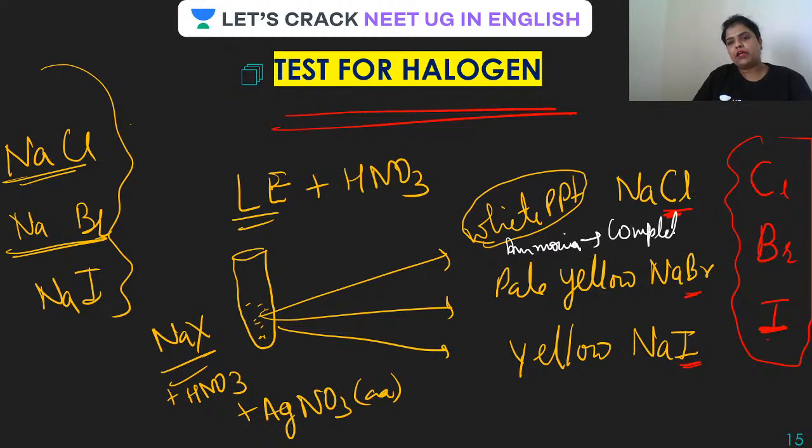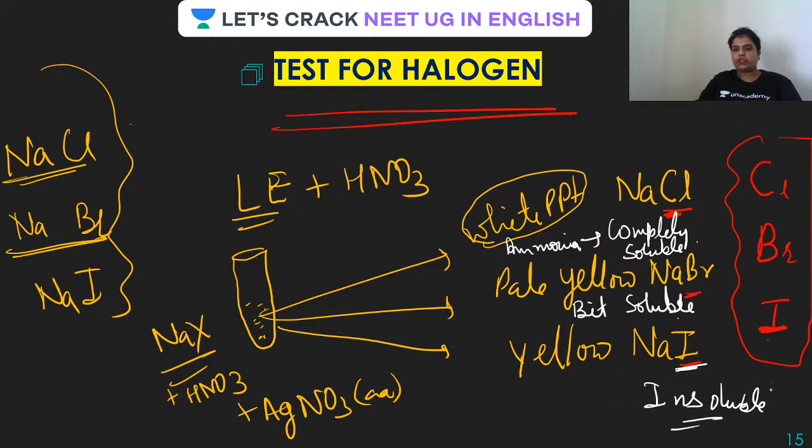I'm repeating, completely soluble in ammonia. Bromine will be bit soluble in ammonia. Bit soluble means slightly soluble. And iodine is insoluble. Insoluble in ammonia. How to recall this? From the CBI trick, you got how to recall the color.